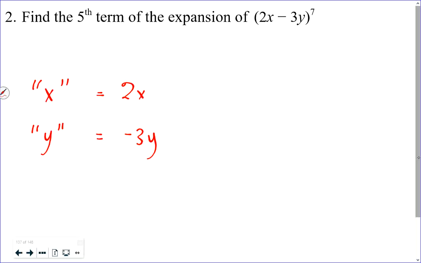We have to graduate away from writing the first term and then changing the exponents and changing the exponents. If we want the 5th term, then k is equal to 4.